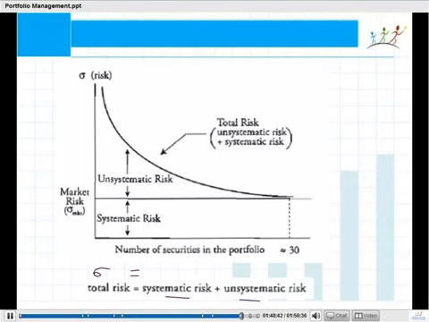The unsystematic portion of the risk, which is firm specific risk, can be made zero or can be totally diversified away. It can practically be made zero by holding a large number of securities in the portfolio or holding different stocks in the portfolio.